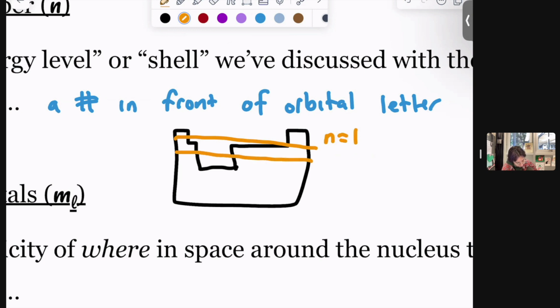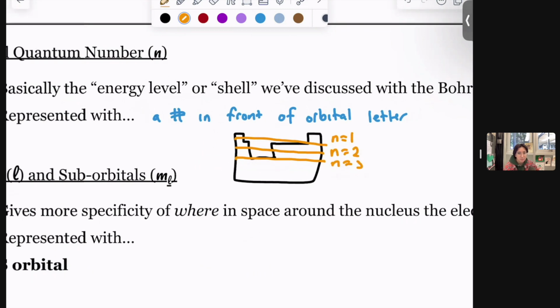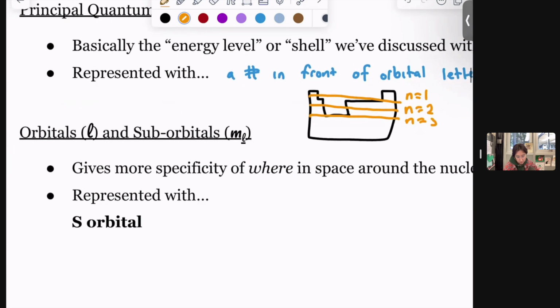Second period would be n equals 2. Third period would be n equals 3, and so on. So just like when we were doing Bohr models and you use the periodic table to tell how many shells you're going to have, same kind of concept with the first quantum number.